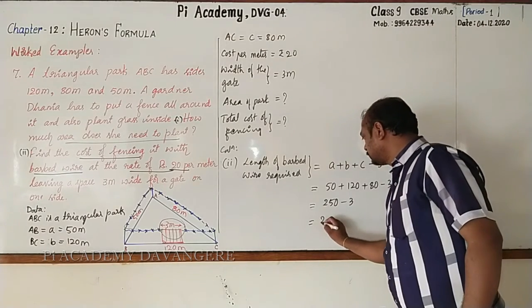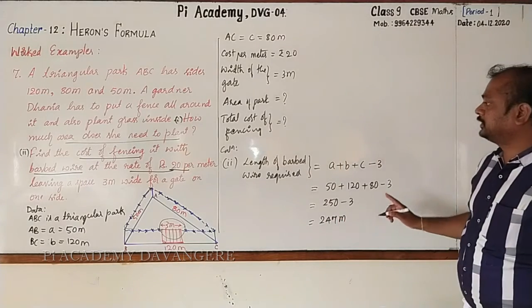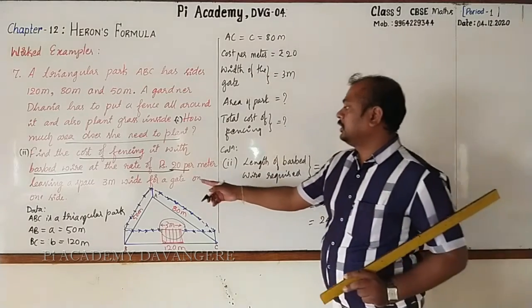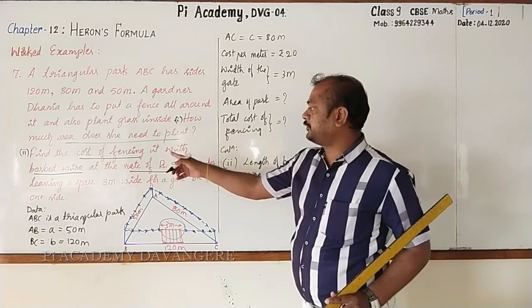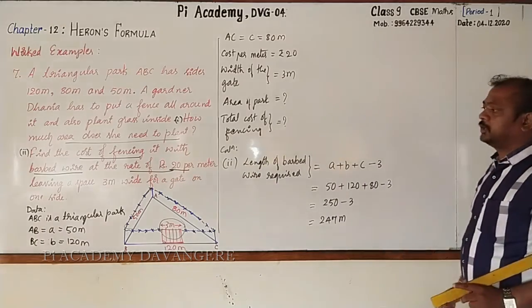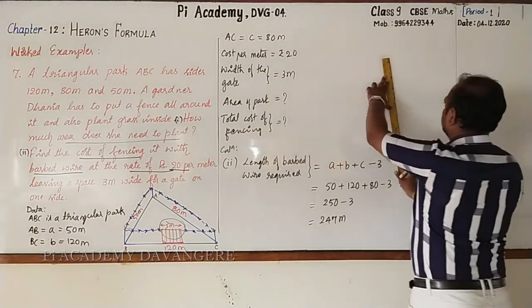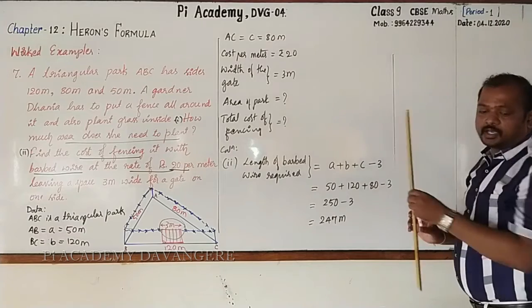It is 247 meter. This is the length of the barbed wire required. But now we are going to find out the cost of fencing it with barbed wire at the rate of rupees 20 per meter. So here I will write that total cost of fencing.